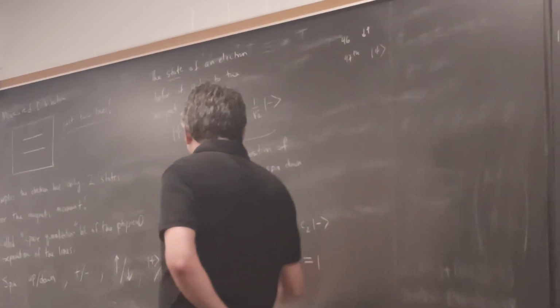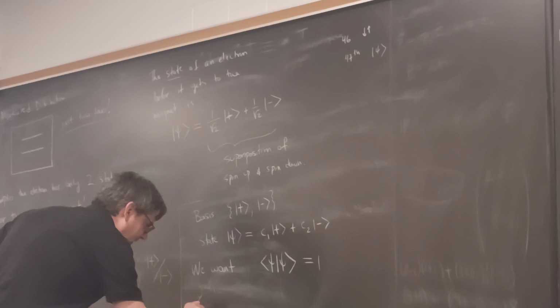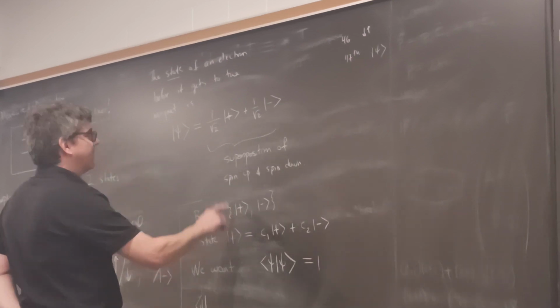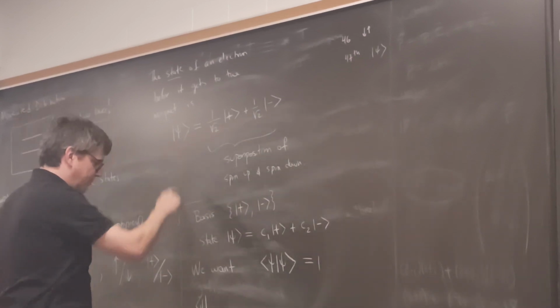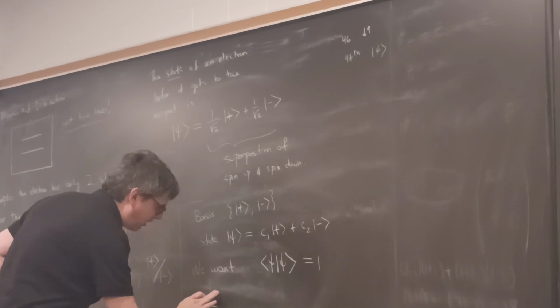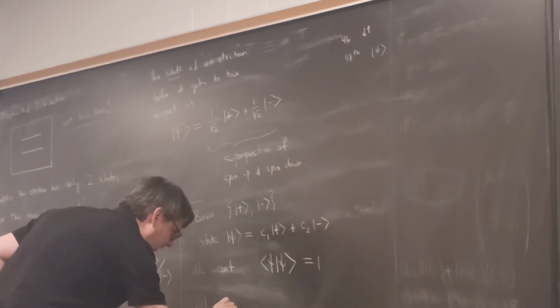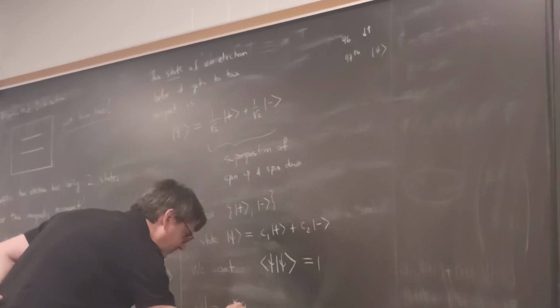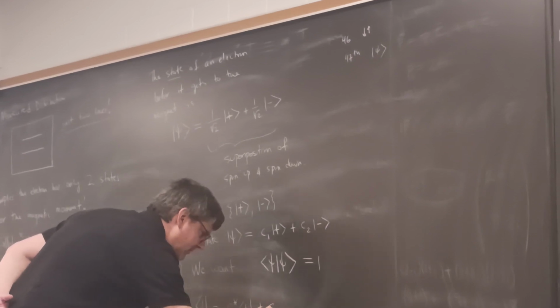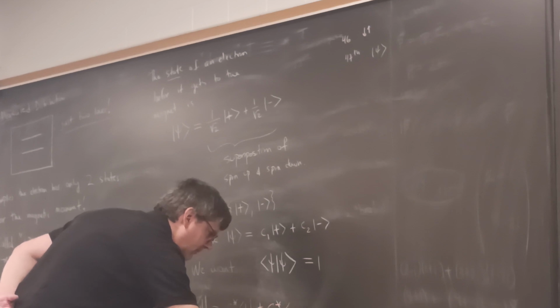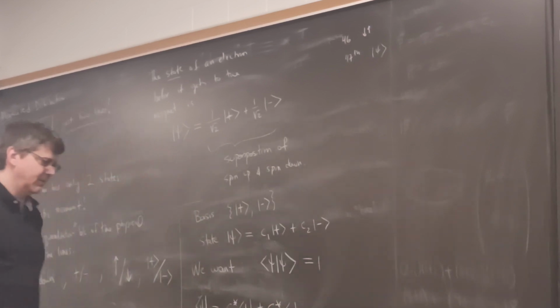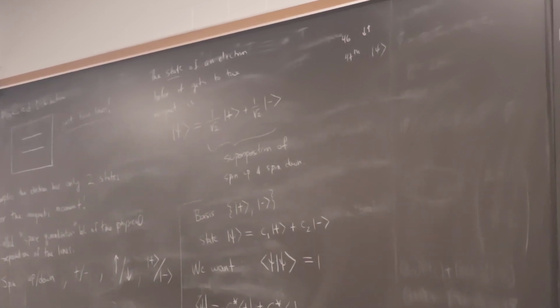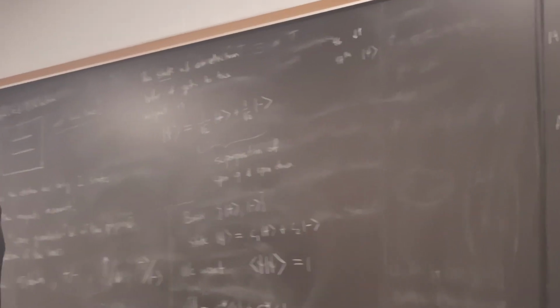So let's go ahead and write it out. So psi is a ket vector, but if I turn it into a bra, this is how I do it. I write C1 star, conjugate remember, plus, and C2 star minus. That's how I write the bra vector.